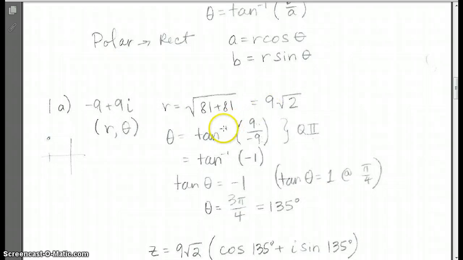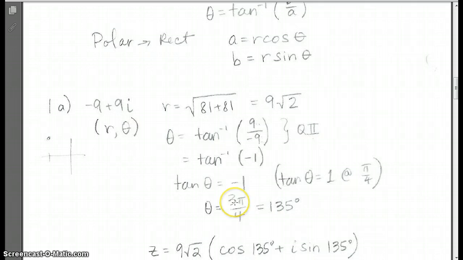When I do the inverse tangent, I have to pay attention to the signs. The fact that y is positive and x is negative tells me that it's in quadrant 2, so when I do the inverse tangent of -1, and we rewrite it as tangent theta equals -1, we want the theta that's in quadrant 2. Tangent theta is 1 at pi over 4, and it's -1 in quadrants 2 and 4.